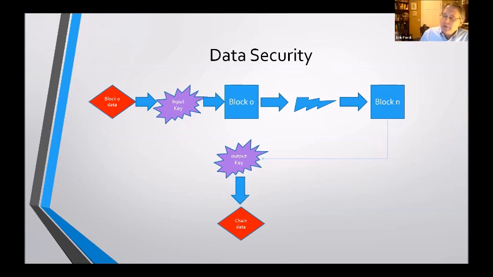And finally, somebody who needs to read the data chain has the output key that allows them to read the data of the entire chain and use the data as they would want to use it. And all the parties along the line that are doing the hashing and the tracking and all the work of the blockchain don't have any access to the data because it's all encrypted.